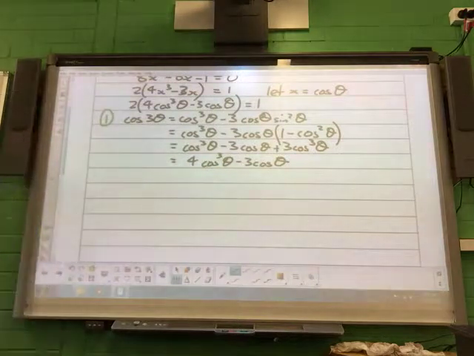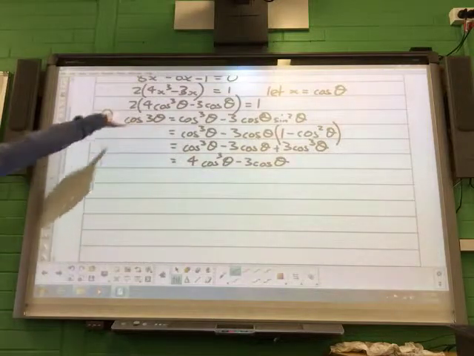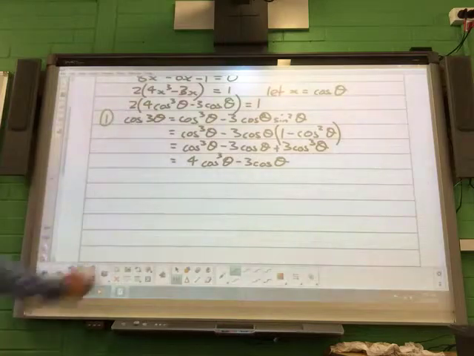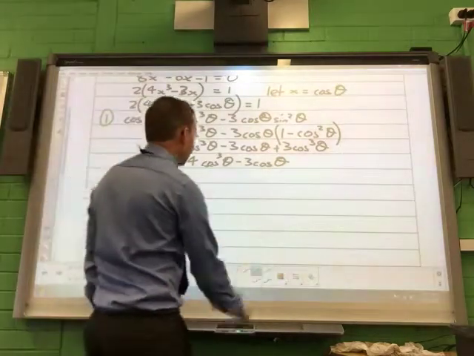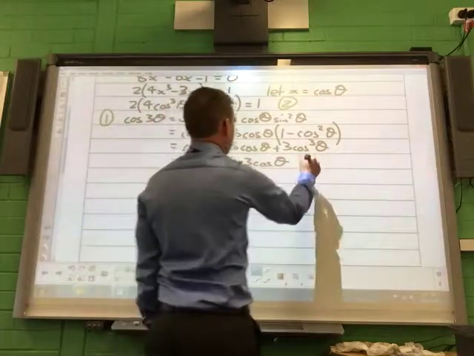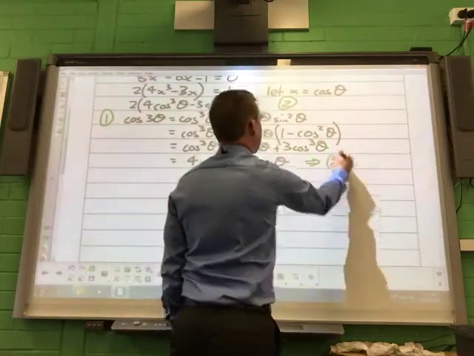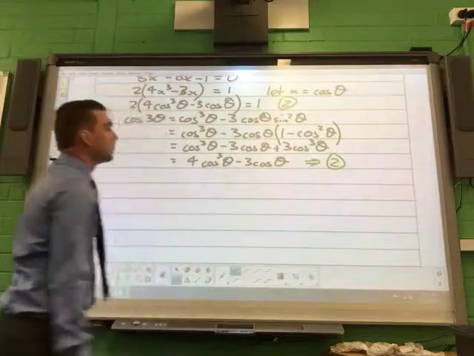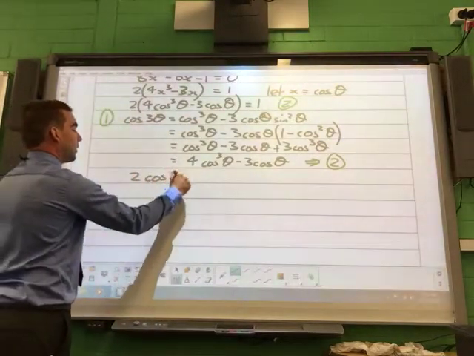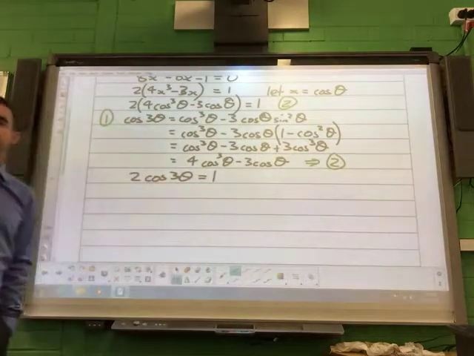Okay, so now we have finished that question. And that's what I've got in the bracket. Okay, so call this number 2. So put that into number 2. So 2 lots of cos 3 theta is equal to 1.